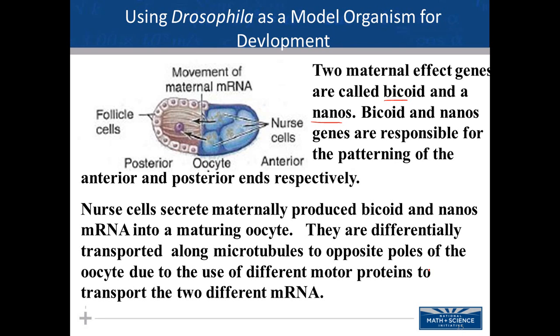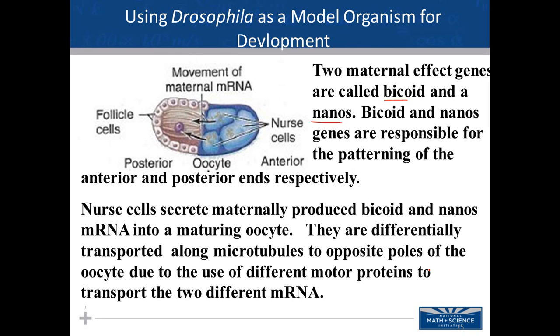So these two genes, bicoid and nanos, are activated, transcribed by the egg, and they are responsible for determining the anterior and posterior ends. Bicoid is responsible for the head end or anterior end, and nanos is responsible for making sure there's a posterior end.